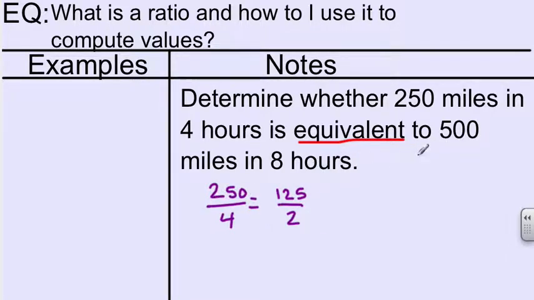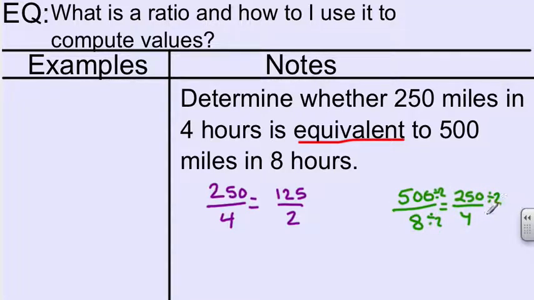Here's this other set of a ratio. It's going to be 500 over 8. 500 miles over 8 hours. Again, I can divide both of these by 2. That's going to give me 250 over 4. If I divide by 2 and divide by 2, I already see something, but let's see if you see.